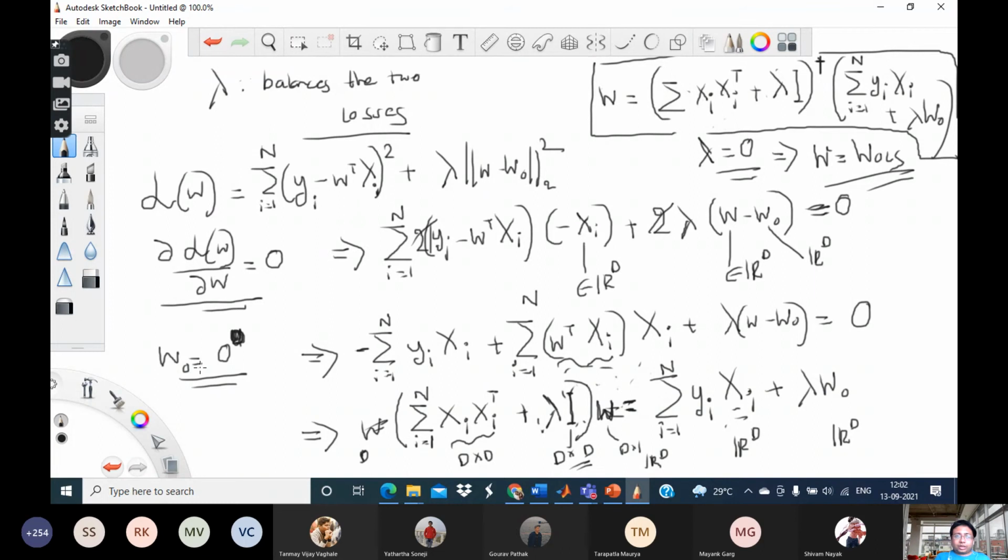But theoretically, what does it mean when I say that W should be as close to the origin as possible? Theoretically, it means that the Euclidean distance from whatever W I am choosing to the origin should be as low as possible.